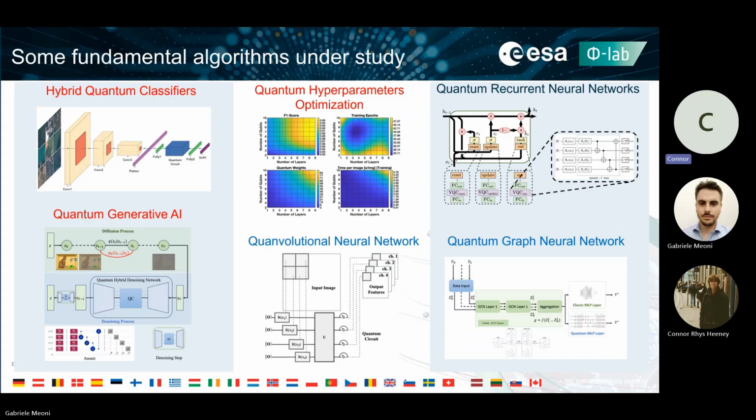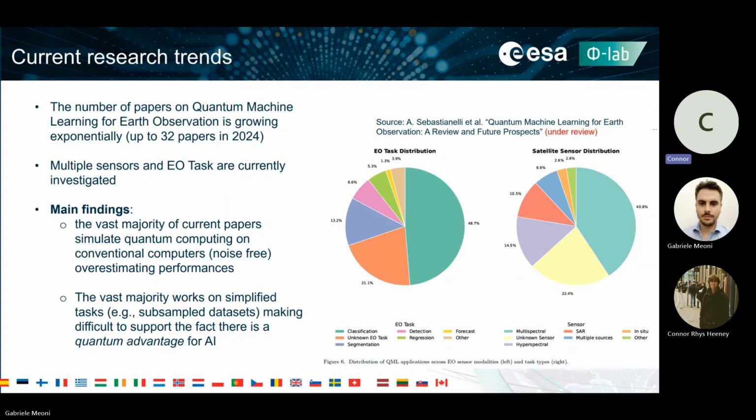You have quantum hyperparameter optimization, quantum convolutional neural networks implemented by using only quantum gates, so a full quantum system. Quantum recurrent neural networks using quantum layers as well, and quantum graph neural networks. So you have many models that are going to be developed. This is basically the result of the paper under review that we have.